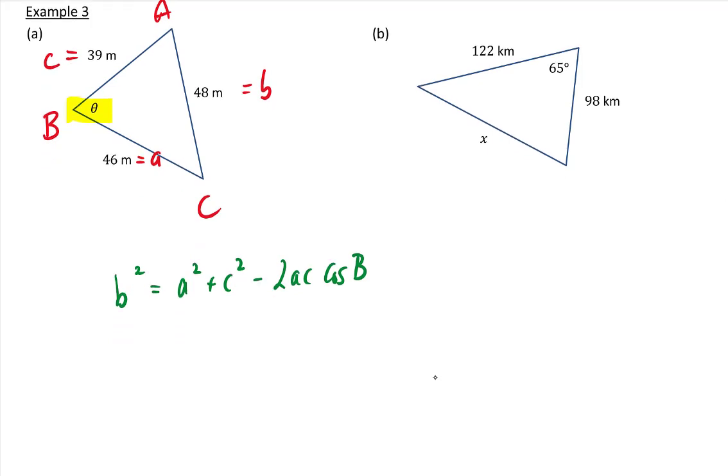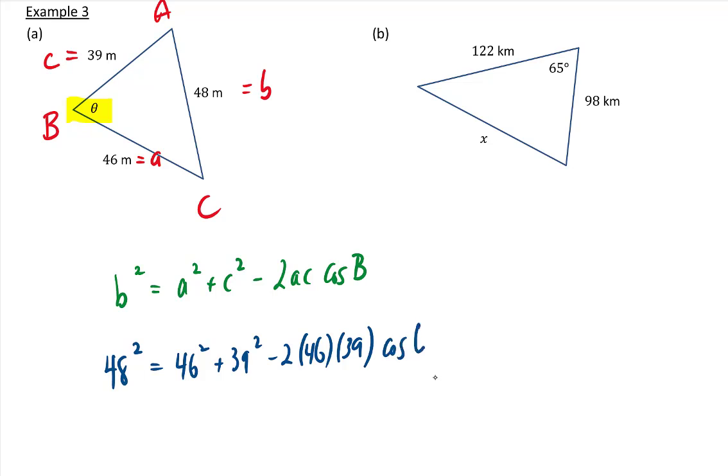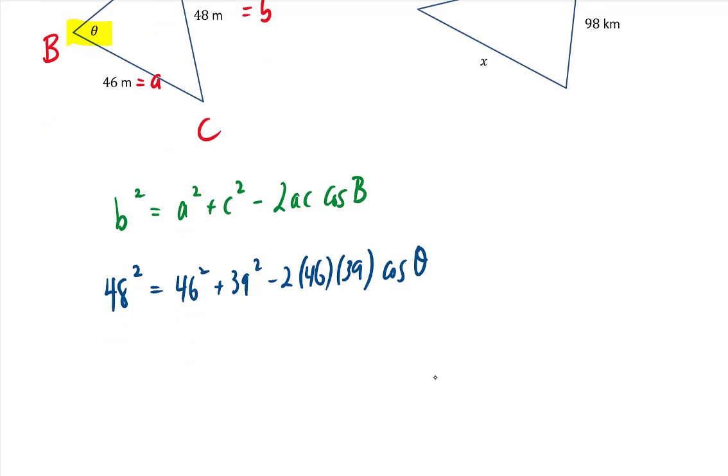So now let's sub in our values. We have B squared is 48, so 48 squared equals 46 squared plus 39 squared minus 2 times 46 times 39 cosine of theta, or we could leave it as angle B. Let's figure out what 48 squared is first. So we get 2,304.